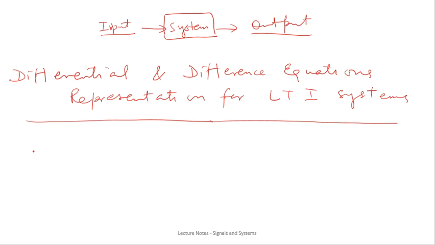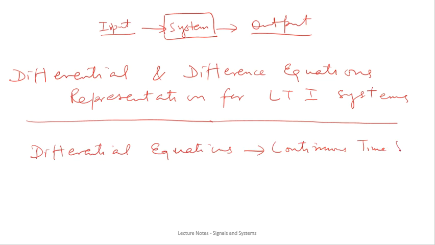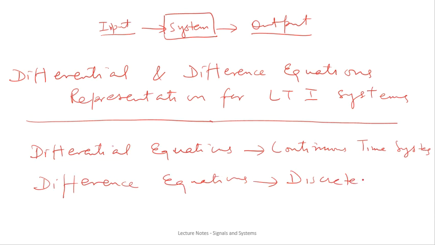So this is the difference between these two: the differential equations are used for continuous time systems, whereas the difference equations are used for discrete time systems.